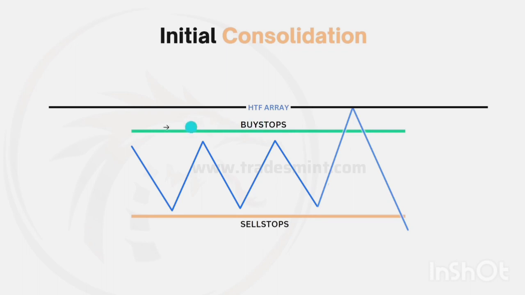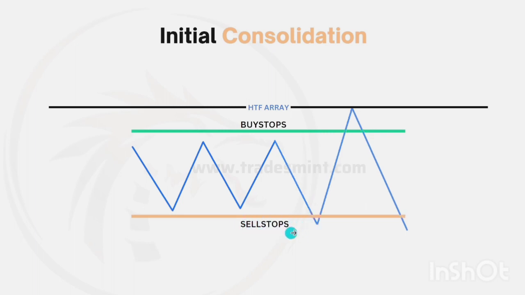If we see price hovering just below a higher time frame PD array, then it's likely for the algorithm to reprice above the buy stops and into that higher time frame level before repricing lower to start the initial sell program of the market maker buy model.